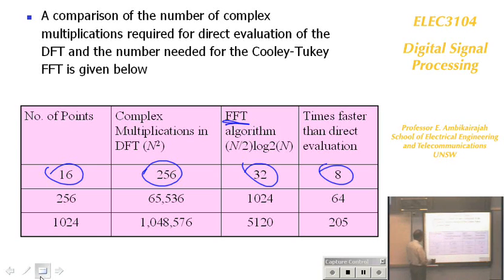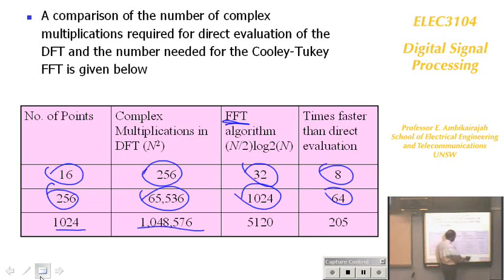If you've got 256 points, it needs 65,000 multiplications, and FFT needs only 1024. It's 64 times faster. If you've got 1024 points, it's about 1 million multiplications, and it's about 205 times faster. So people do not use DFT as a straightforward algorithm of calculating that summation.